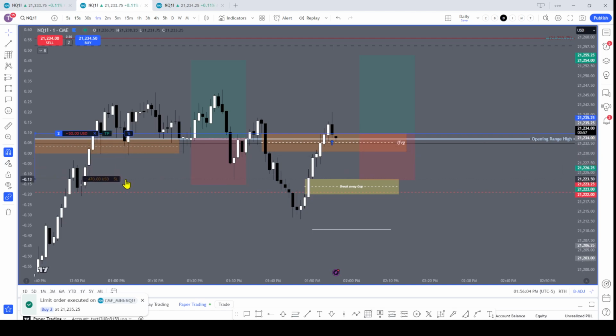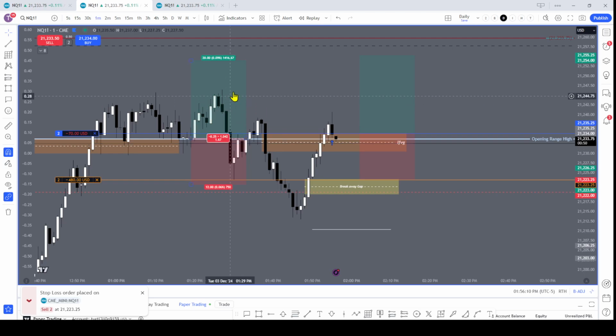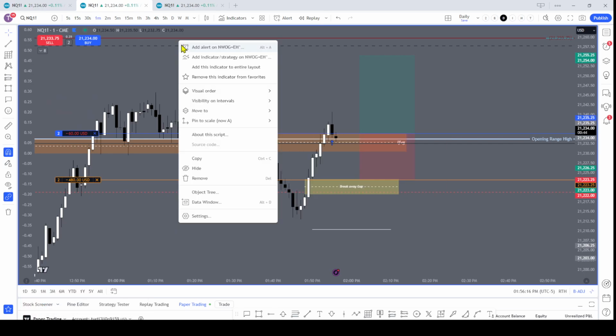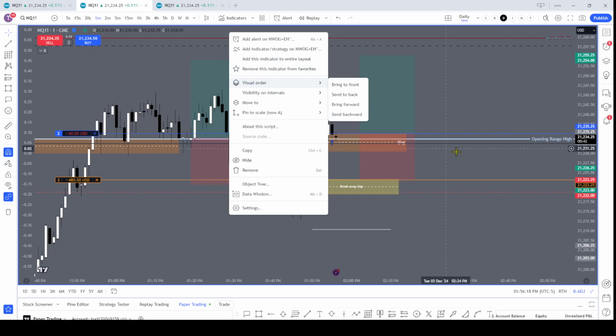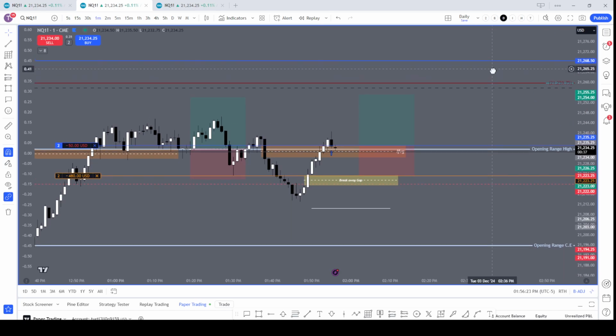Stop loss, 12 handles. Take off one contract at the 20 handles. That's what I opened up to.